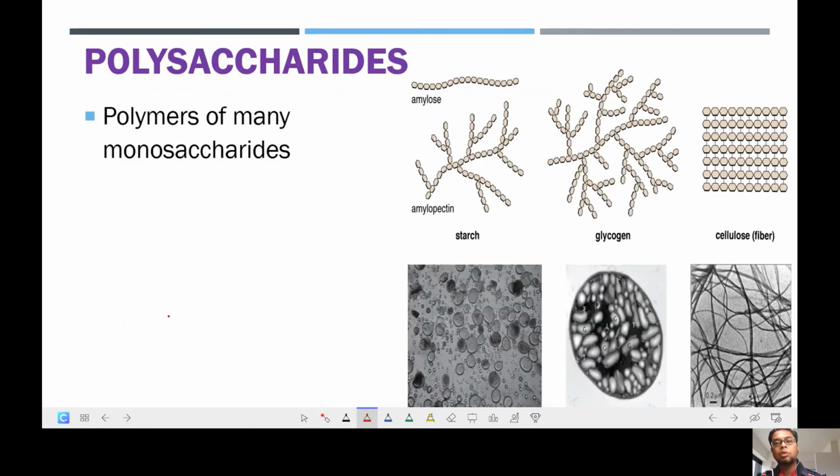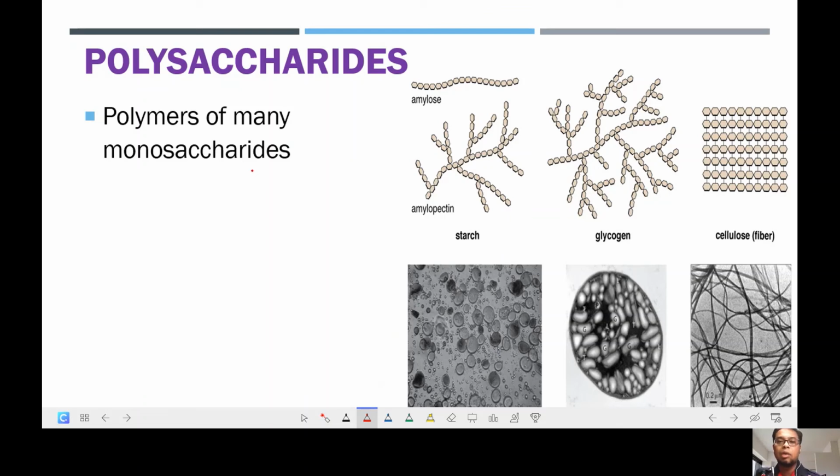Now let's move on to the third type of carbohydrates. That will be the polysaccharides. This is a type of polymer in which one molecule of polysaccharide consists of many monomers, which are the monosaccharides. The monosaccharides are joined together due to the process of condensation as well.